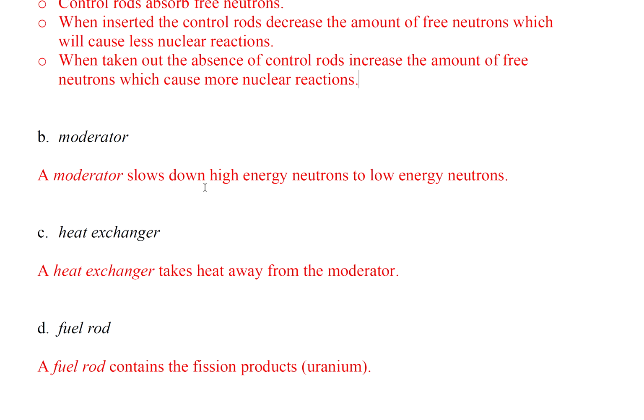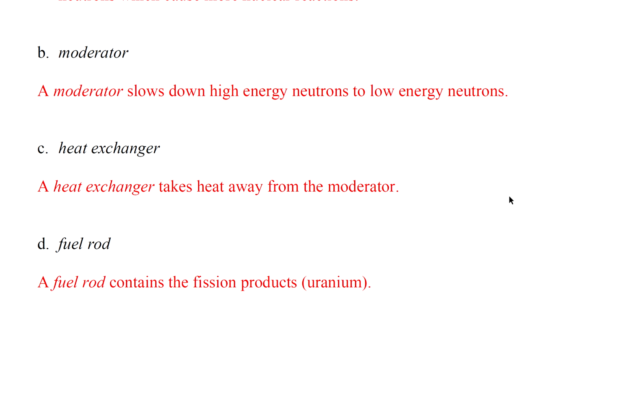What's the moderator? It slows down high energy neutrons to low energy neutrons, and we need this for the neutrons to be absorbed by the nucleus. Heat exchanger. Takes heat away from the moderator, things get hot. Fuel rod, it contains the fission products like uranium.